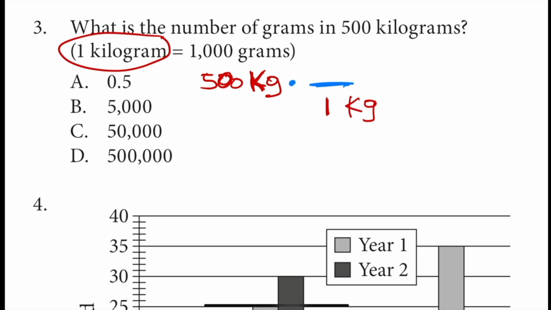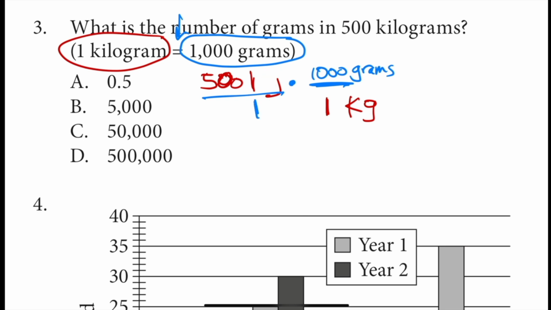And the other side of the equal sign, I put on the top, which is 1,000 grams. Remember, this is a fraction, so the kilograms from the top are going to cancel the kilograms from the bottom. Now I have a fraction. Top with top, bottom with bottom. Top with top is 500 times 1,000.